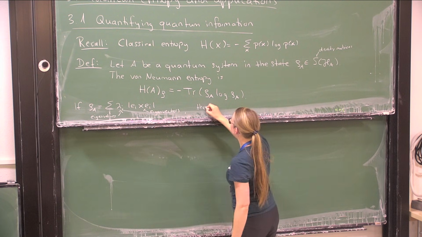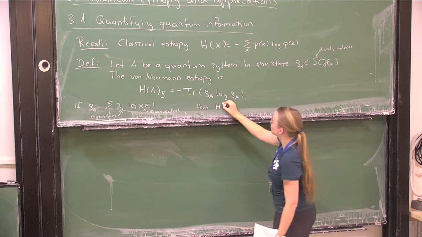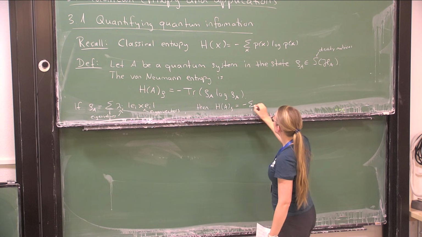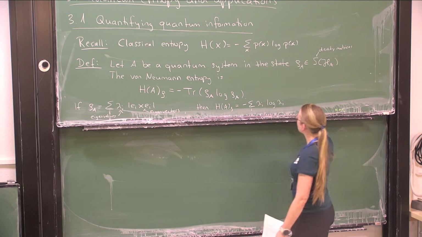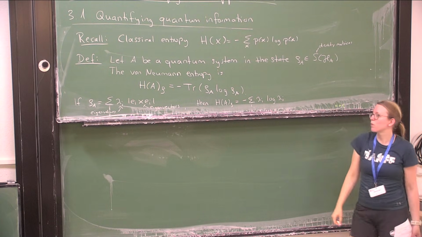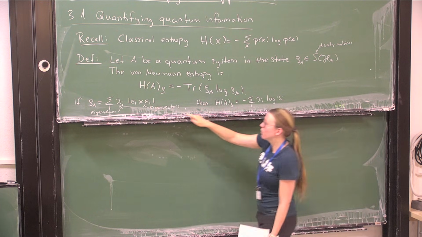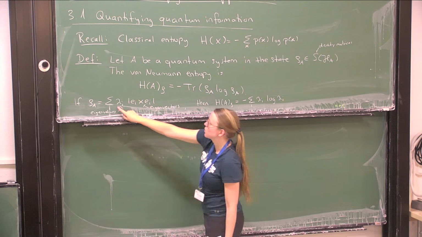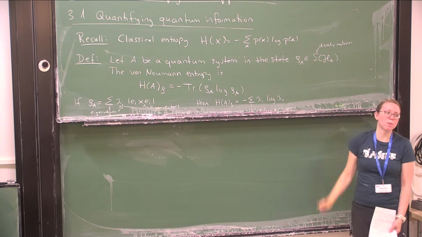The quantum entropy is the same as the Shannon entropy for the eigenvalues. The eigenvalues of the quantum state form a probability distribution. This is also called the spectral decomposition, so you write the state with the eigenvalues and eigenvectors, and then your entropy is simply the same as the classical entropy.